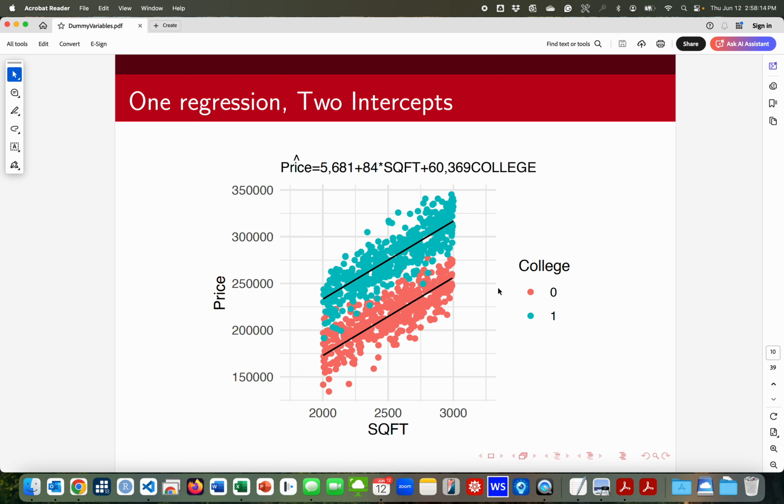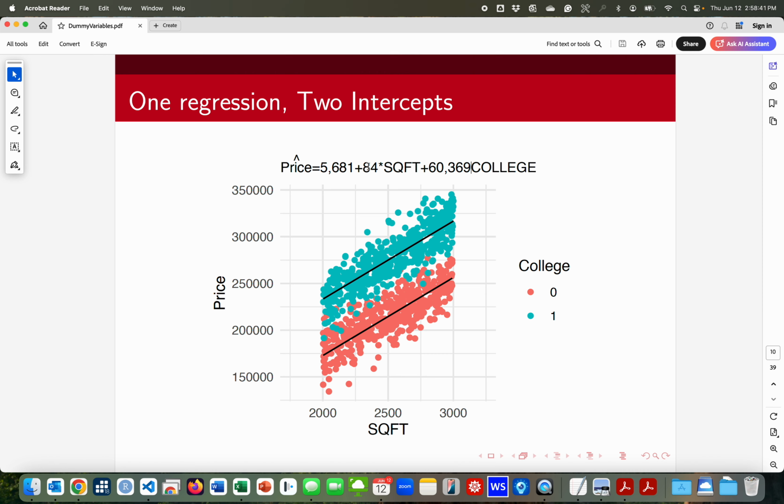And the key thing to take away from this is the difference between this line and this line is exactly 60,369, which tells us if we hold constant square foot, so if we pick a square footage and compare the college line to the non-college line, the college line will always be $60,369 above the non-college line.